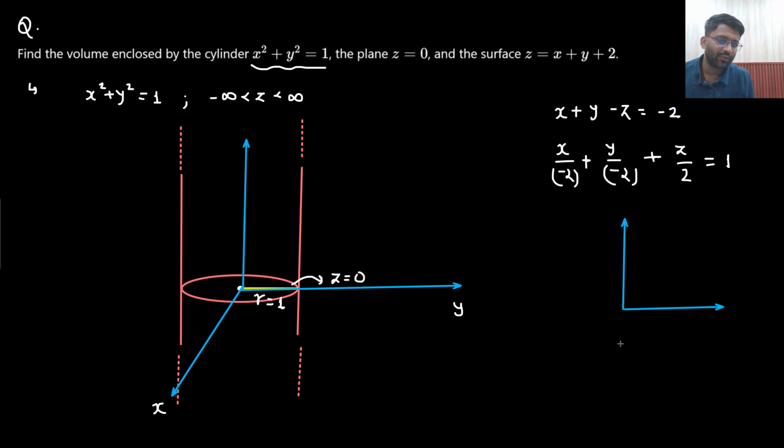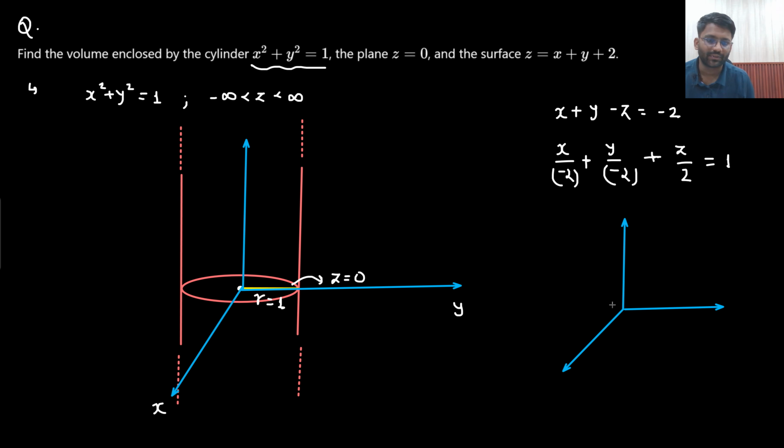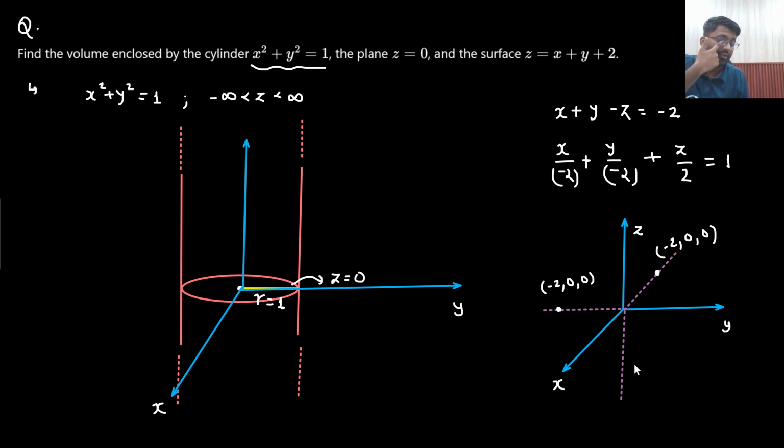Although it is not necessary to make it in the examination, still, who knows where it might be used. So that's why I'm making it for you. This is your x, this is your y, this is your z. So at x the point will be minus 2 comma 0 comma 0, at y the point will be 0 comma minus 2 comma 0, and at z the point will be 0 comma 0 comma 2.